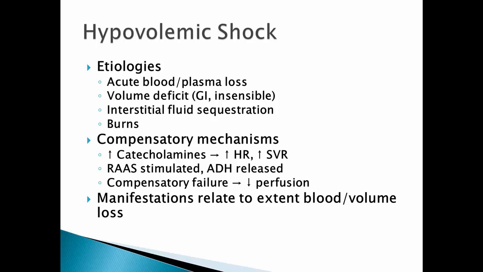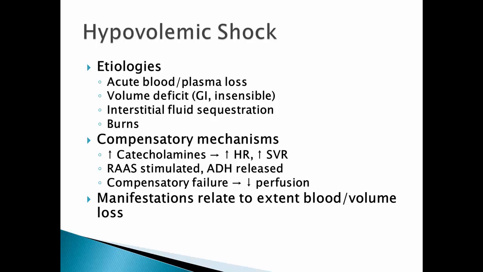Manifestations of hypovolemic shock will relate to the extent of blood or the volume loss that has occurred. So when we think about then those manifestations, those symptoms, if someone has a relatively mild loss, 15 to 30% loss of their volume, you'll see some mild symptoms, a little bit of tachycardia, maybe some cooling of the extremities.